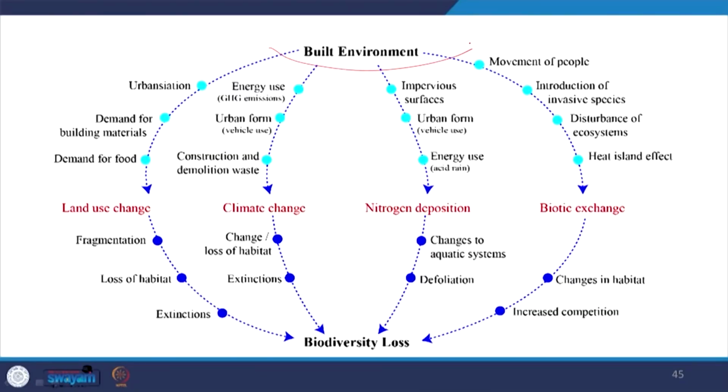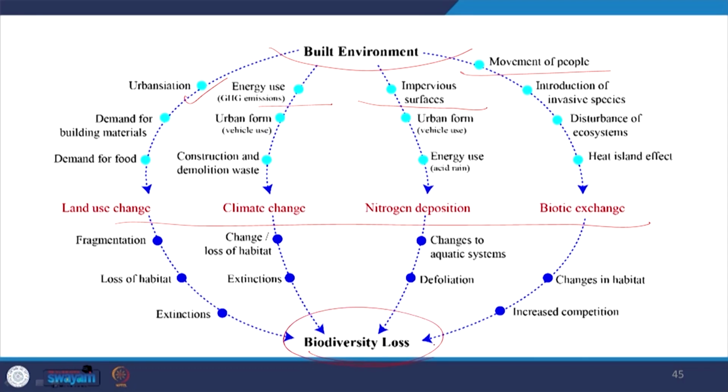If we look at this particular chart, all the changes which are happening in the built environment, whether we are talking of urbanization, impervious surfaces, movement of people or energy use, all of it in some way or the other is leading to a biodiversity loss.